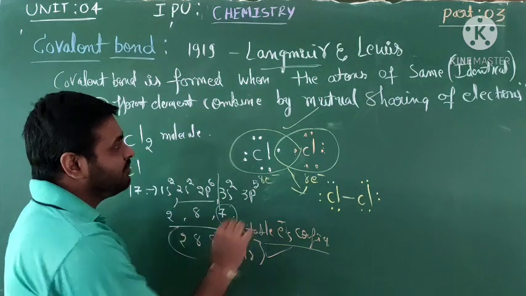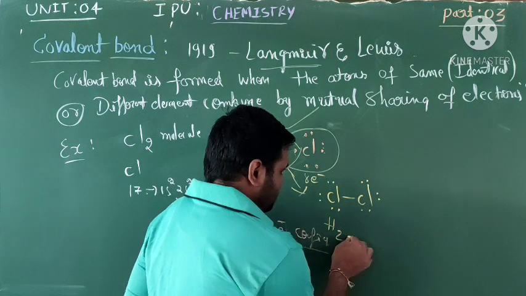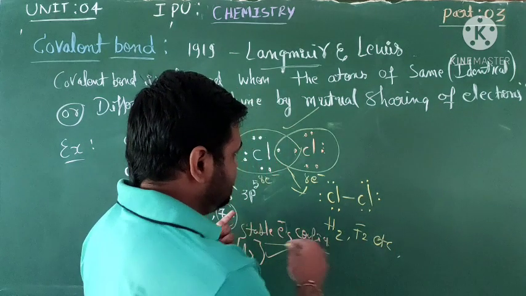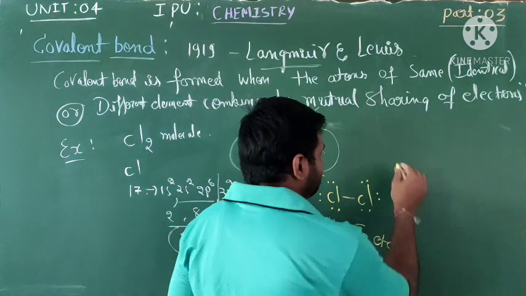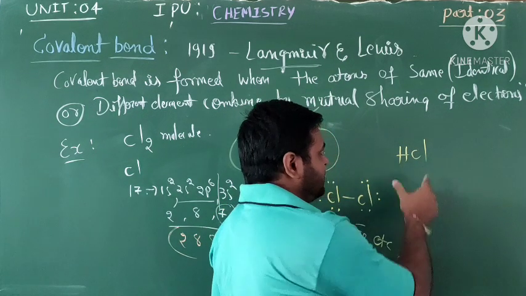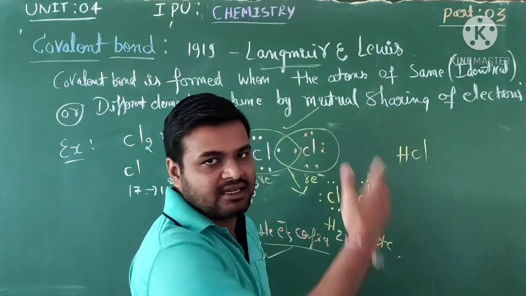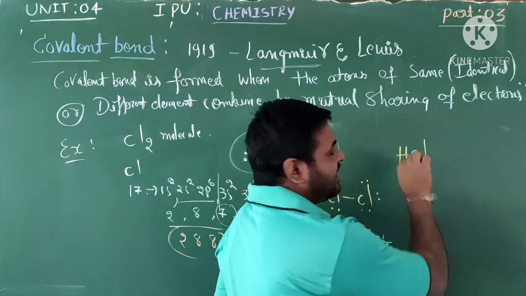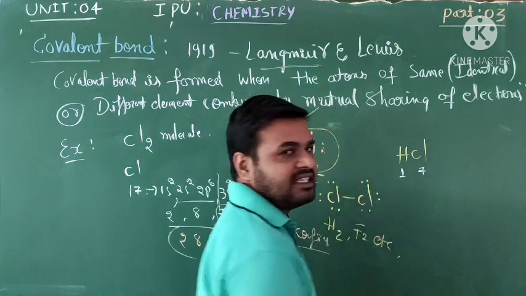Okay. Examples of same or identical elements: you can take any one, H2, F2, etc. Let us take another example for different elements, like HCl. In this HCl, hydrochloric acid, this is hydrogen and this is chlorine. Okay, different atoms. Here hydrogen has only one electron in its valence shell, and chlorine has 7 valence shell electrons.